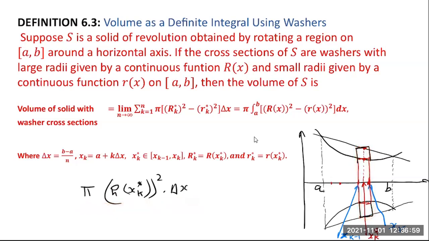And then you subtract the volume of the smaller disk from this bigger disk. So that is going to be pi times lowercase r of xk star, the whole thing squared, times delta x. That will give you the volume of this washer.